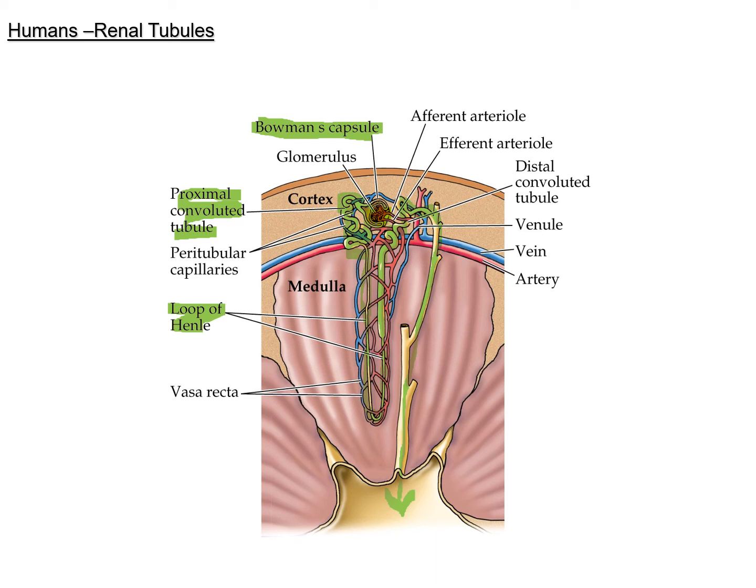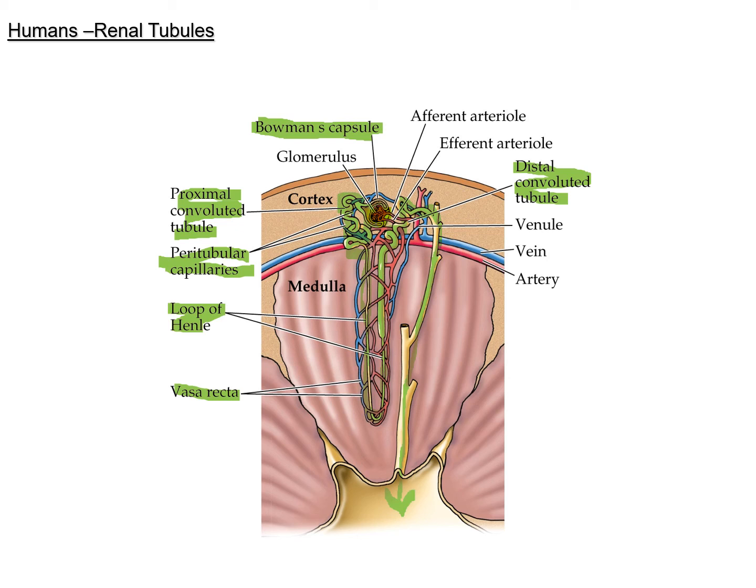The loop of Henle is surrounded by peritubular capillaries that have a particular name. It's the vasa recta. And the loop of Henle leads back to the distal convoluted tubule, which always comes back near to the glomerulus and glomerular capsule of the nephron they originate from.